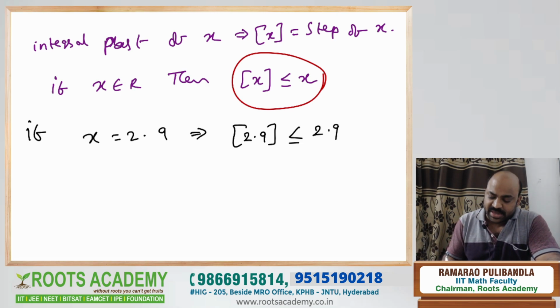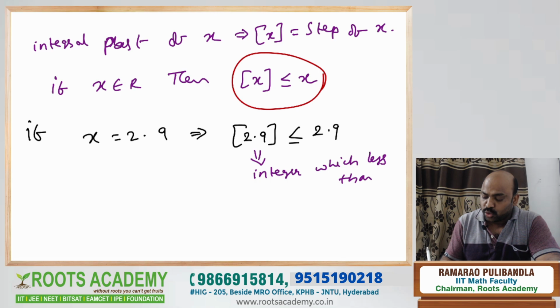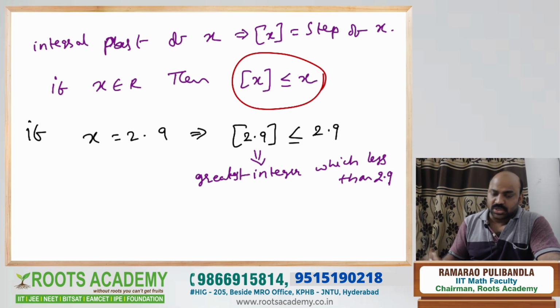But what is this step of 2.9? It is an integer. It should be an integer which is less than 2.9, but that should be the greatest integer. That is the concept. So what are the integers which are less than 2.9?